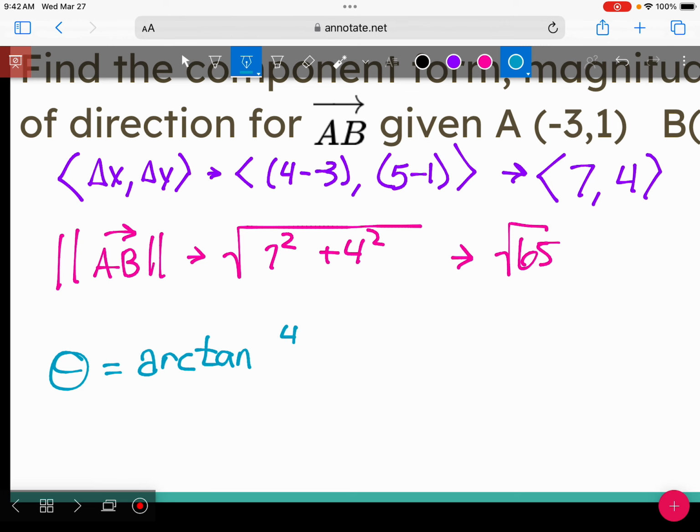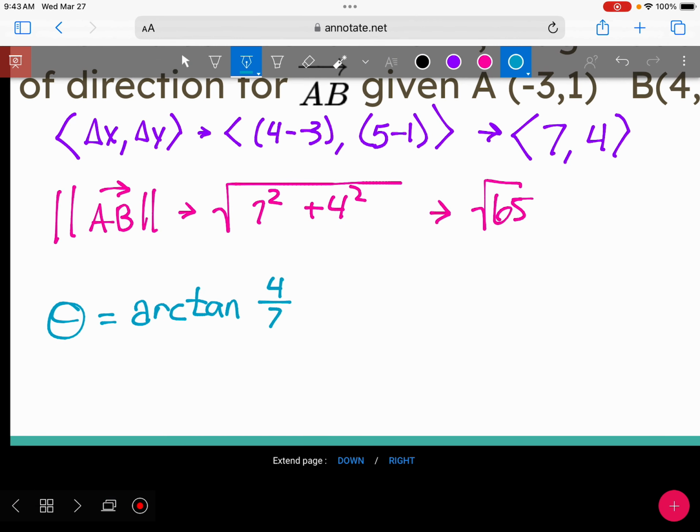So my y is 4, my x is 7. What is the arctangent of 4/7? 29.704. Is that in quadrant 1? Yes.